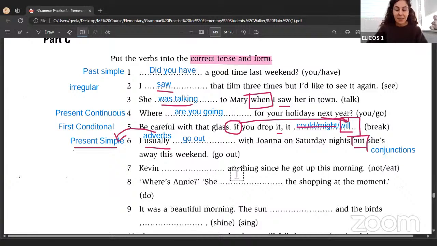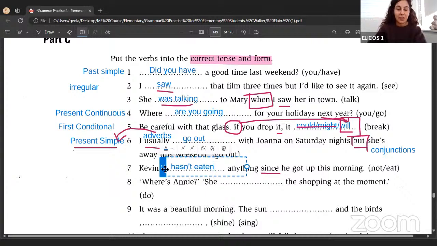Okay, Kevin something anything since he got up this morning. We need to make it a negative. Didn't eat. Yeah, I think we've got since. So not didn't. Yes, hasn't. Now we know he, she, it. So because we're speaking about Kevin and it's a he, so he hasn't eaten.